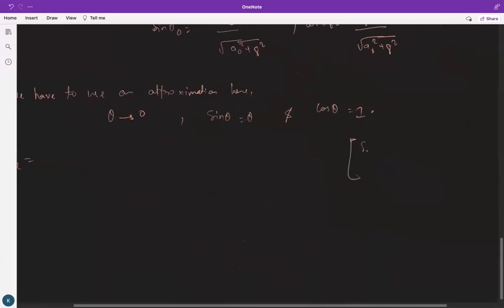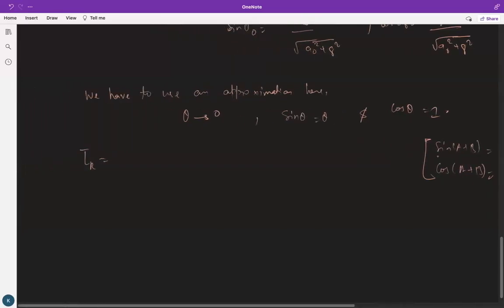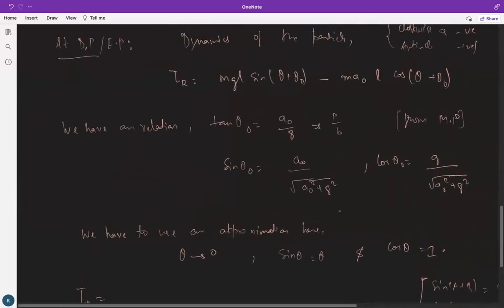You all know sine of A plus B is sine A cos B plus cos A sine B, and cos of A plus B is cos A cos B minus sine A sine B, right? We are using these two formulas, and then we substitute this term and calculate the restoring torque here.